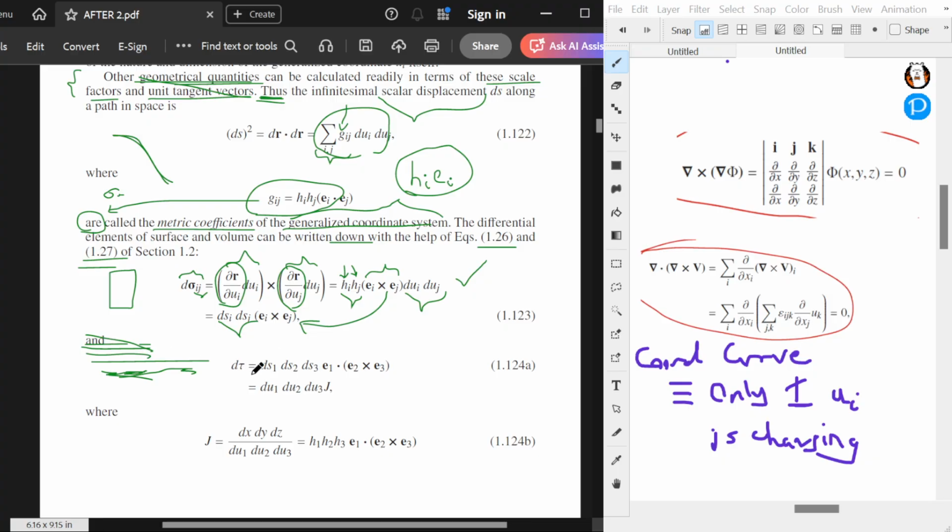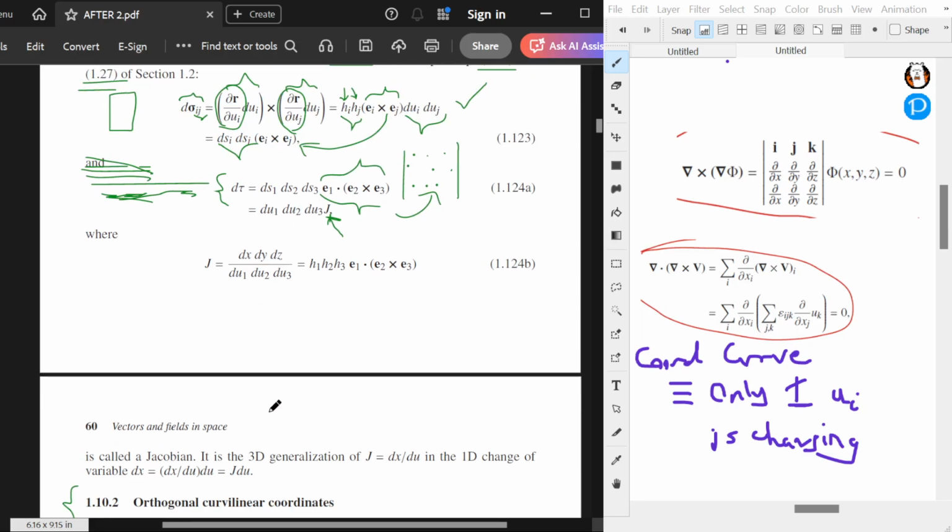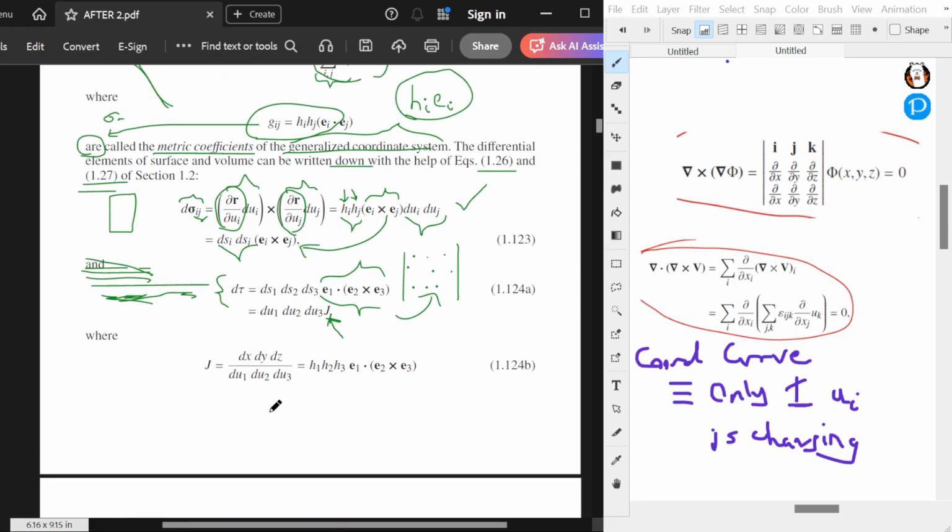and the Tau. Oh no, they're just talking about differential area element now. Equal ds1, ds2, ds3, and then there's ABC, like I forget what they call this. But this can be expressed as a determinant, and there's something called a Jacobian, I think, and that is also a determinant.